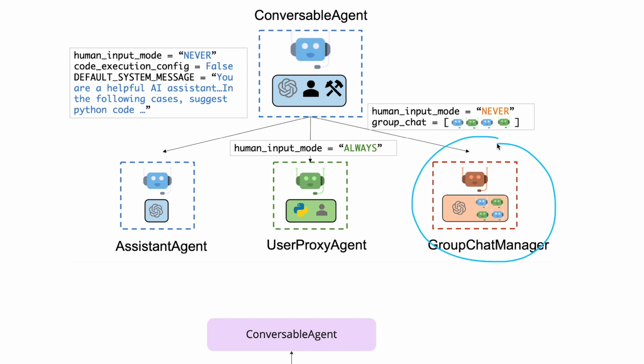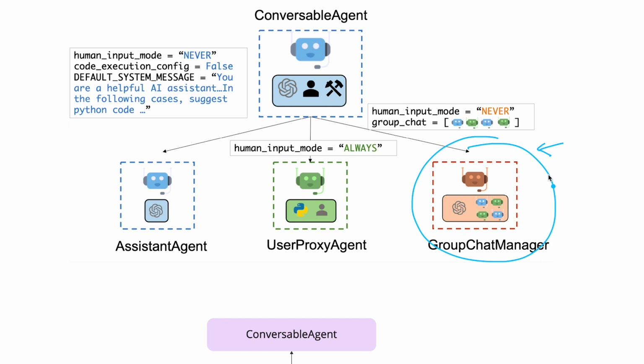GroupChatManager is typically like an orchestrator which determines which agent to call when. Holistically, GroupChatManager is useful when you have multiple agents collaborating to solve different tasks of a specific problem, and whenever you need structured communication.